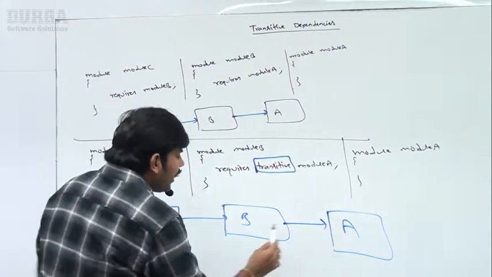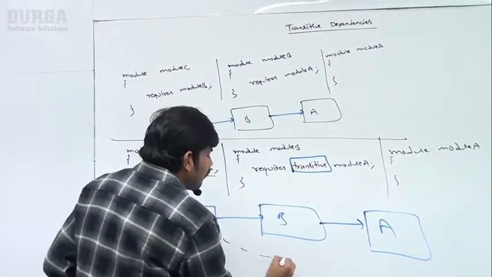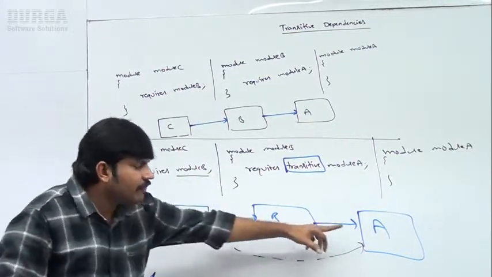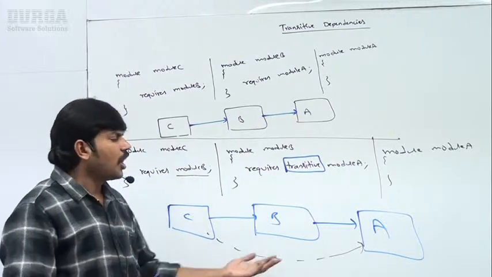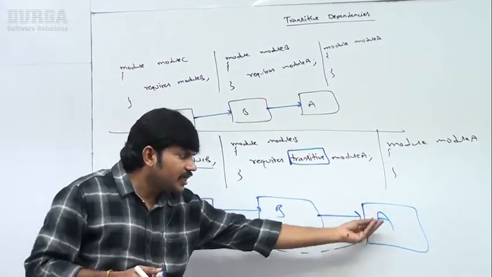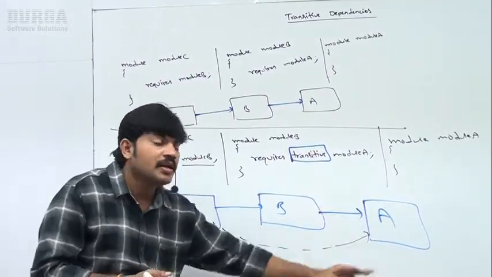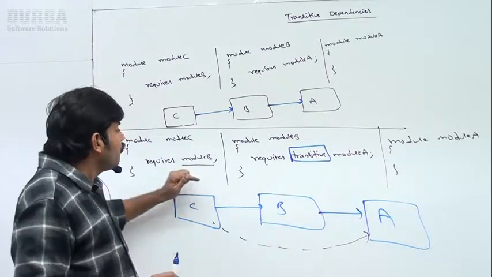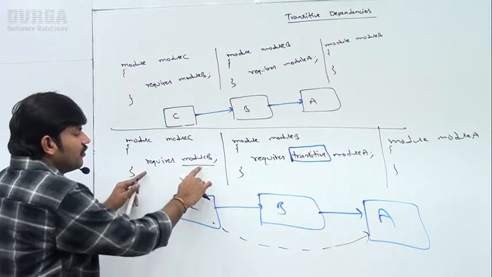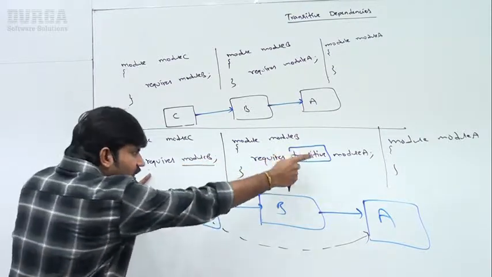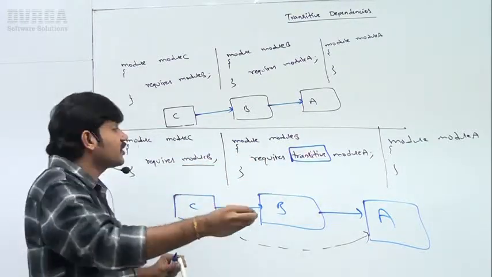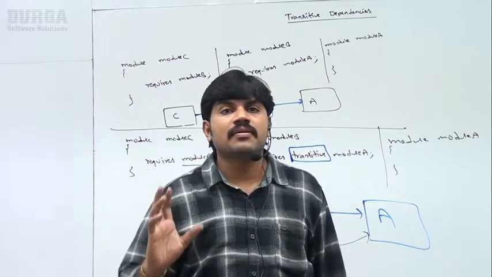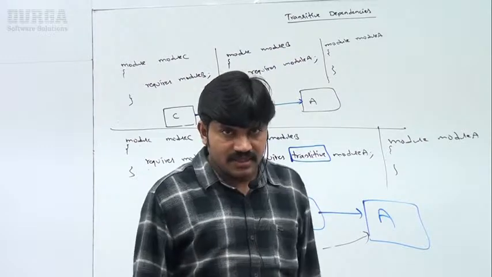That's why A is available to module C also. Sir, in this case, for module C, is A functionality available or not? Yes, happily the A module classes and methods, this C person can use. Clear for all of you, right? So make sure, sir, without using requires module A, because of this transitive keyword, module A functionality is by default available. Such type of terminology is nothing but transitive. Clear for all of you, right?